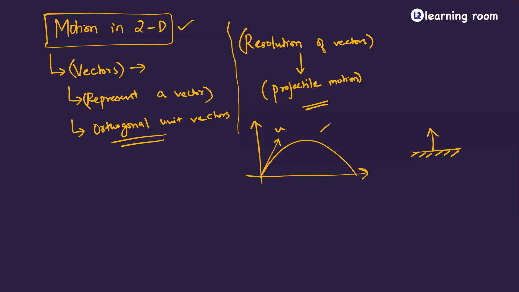And this path is called a parabola, which you already know. Where did you hear about a parabola? In your 10th grade, quadratic equations. So what kind of parabola is this, downward or upward? When will you get the downward parabola? When the coefficient of x square is negative. This is what we are going to see.